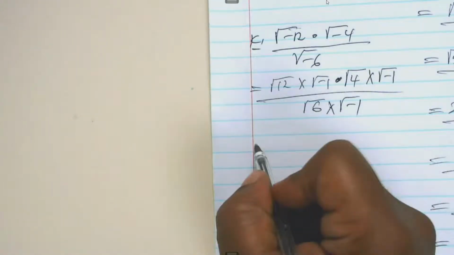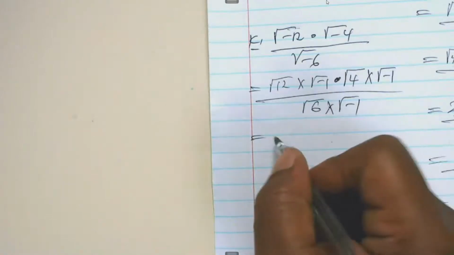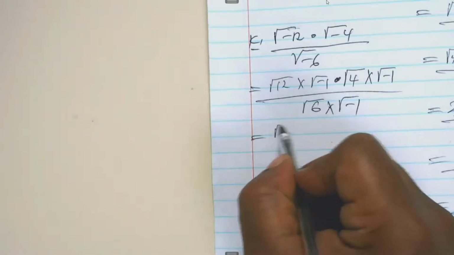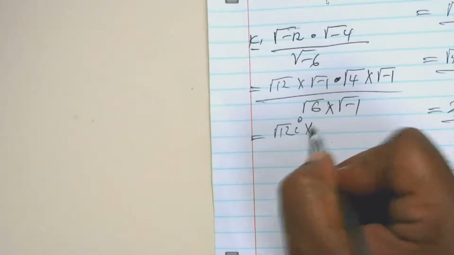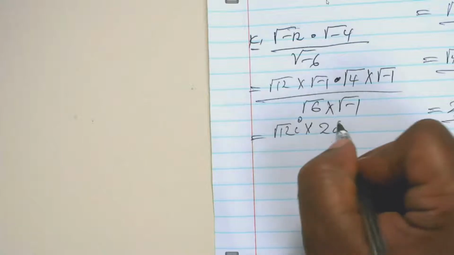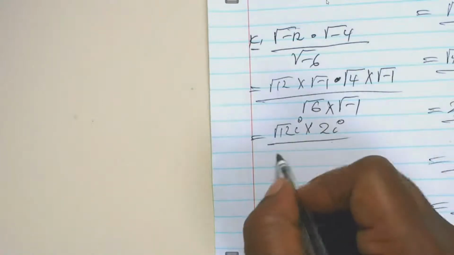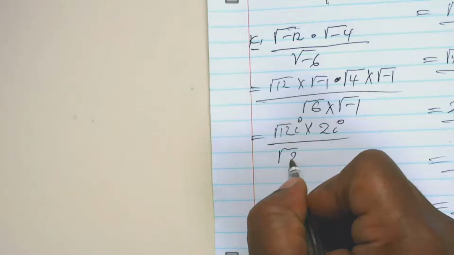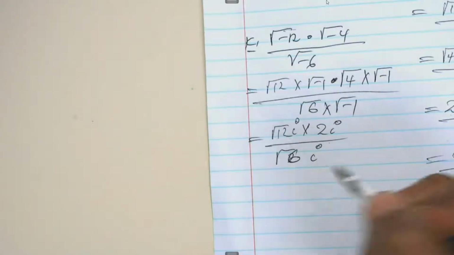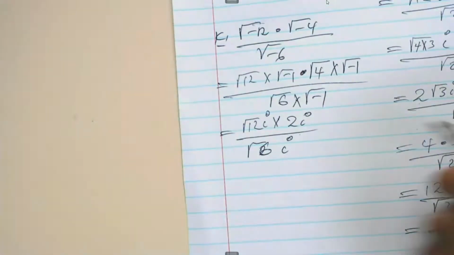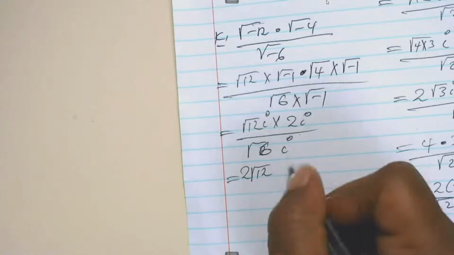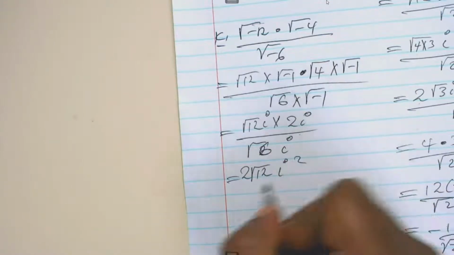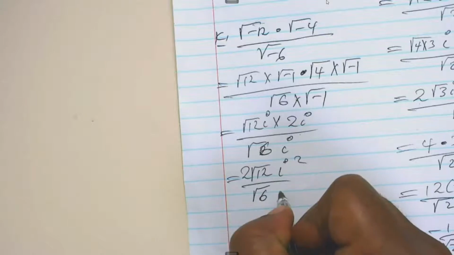And we realize that here we can have the square root of 12i multiplied by square root of 4 is 2i, all over square root of 6i. We can always simplify further and say we can have 2 square root of 12i squared all over square root of 6i.